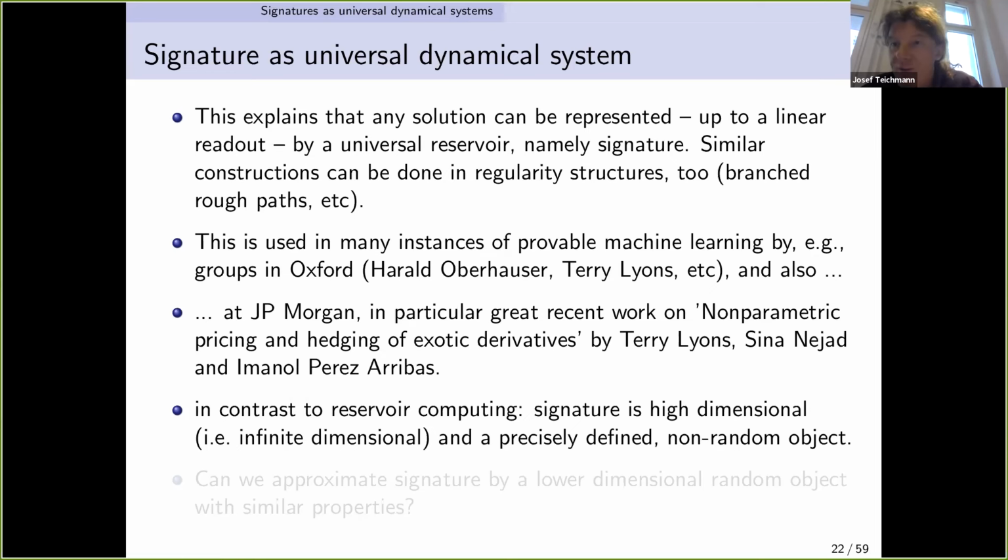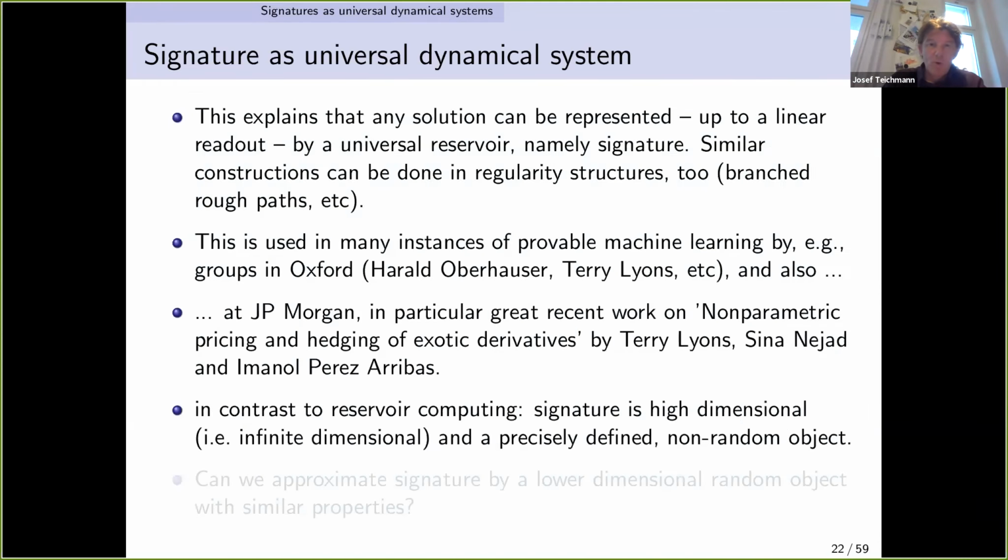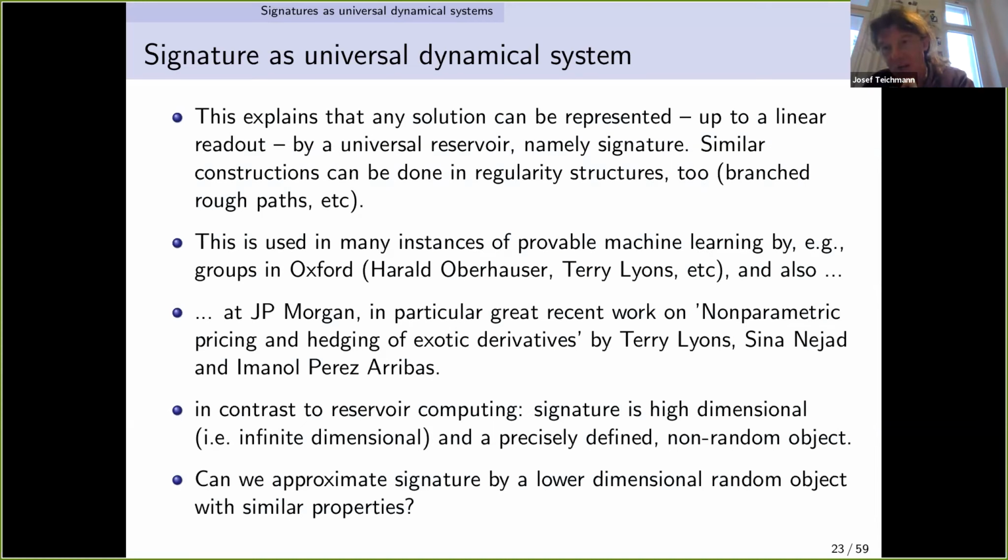And the question is whether there are low dimensional random replicas of it which do a similarly good job concerning universality. That's the question, and this would then really bring the link to reservoir computing. So as we see here, signature is having universality properties, and now it would be desirable to replace this object by a low dimensional object which has similar properties when it comes to universality. Okay. This will be the third part of the talk.